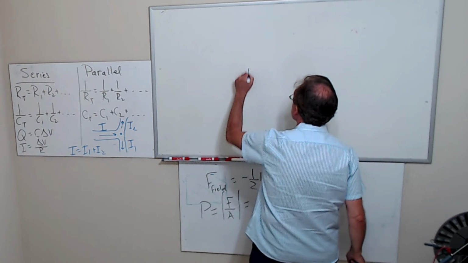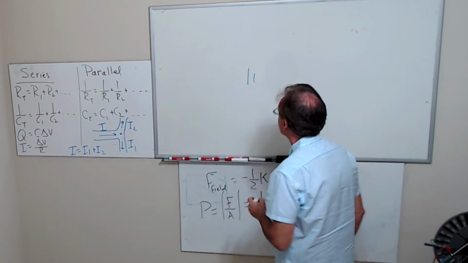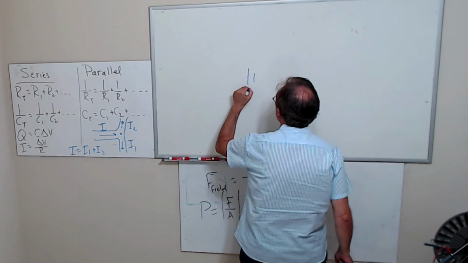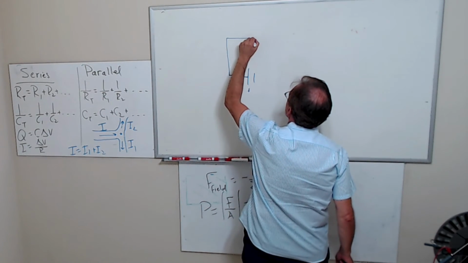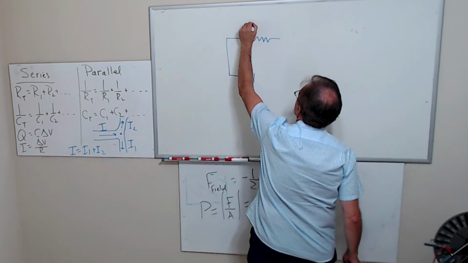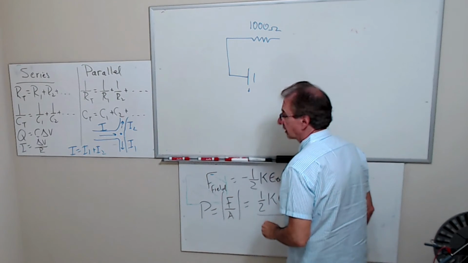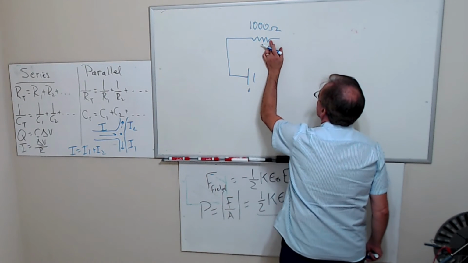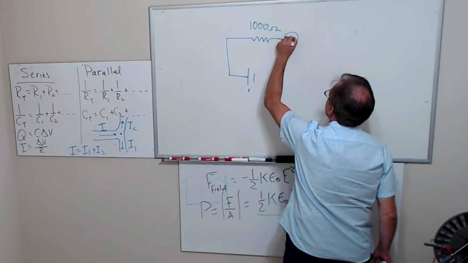So you're going to have your power supply that you can vary. Remember, you only have 6 settings. You can take a wire from the positive side of the power supply and connect to the resistor. This is a 1,000 ohm resistor. You take the other side of the resistor and connect it to the positive side of the ammeter.